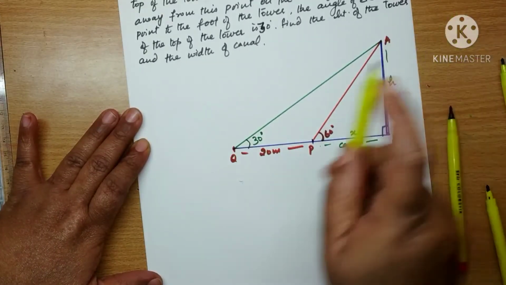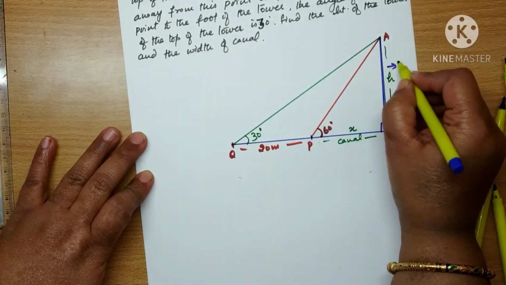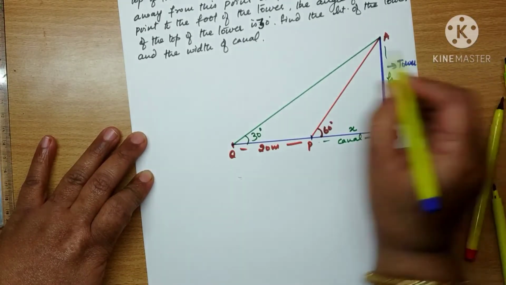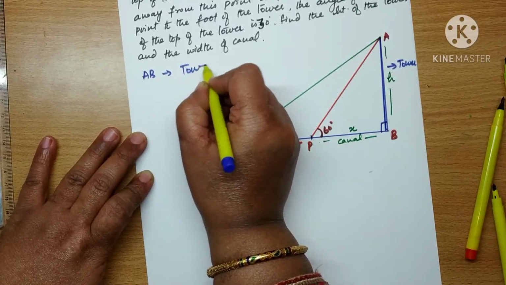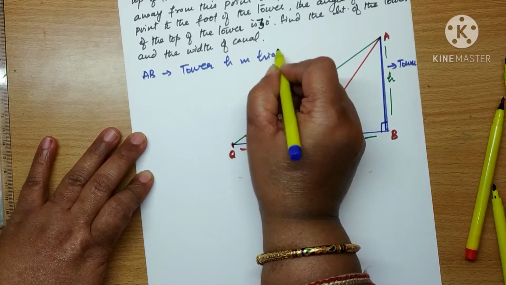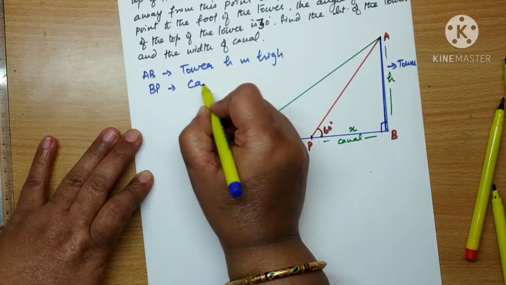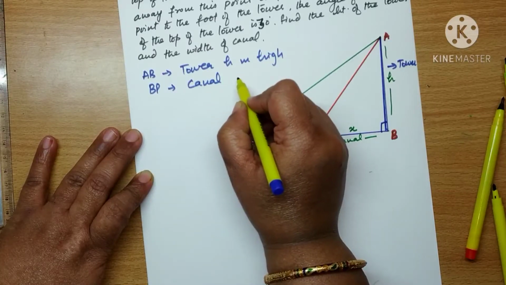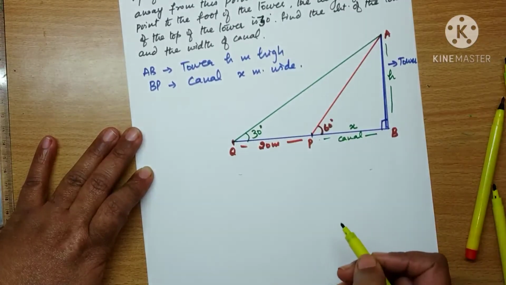So starting with the question, we have AB is the tower, which is H meters high. Then BP is the canal, X meters wide.